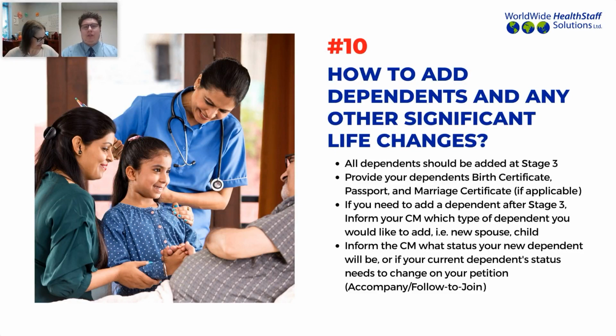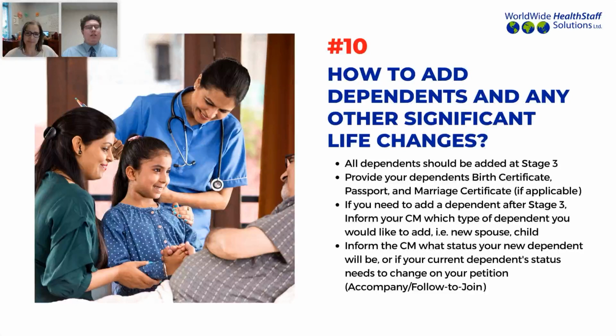And number 10, the question that goes with that is how to add dependents and any other significant life changes. Now with this, this involves wanting to add a spouse, wanting to add children. There's obviously some of the nurses that have adopted children. In those situations, you're going to want to add the dependent at stage 3.